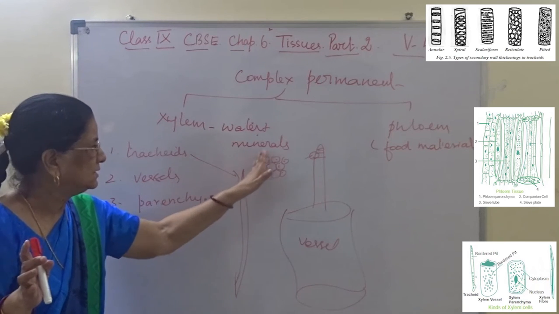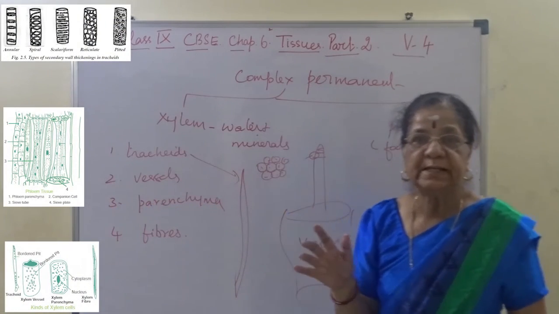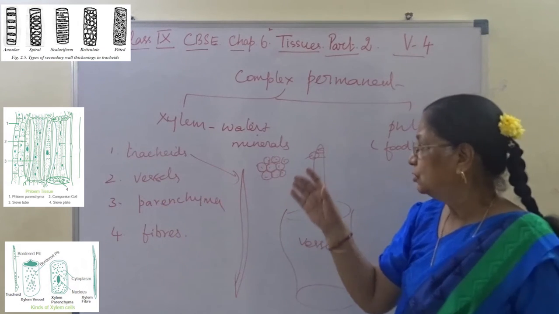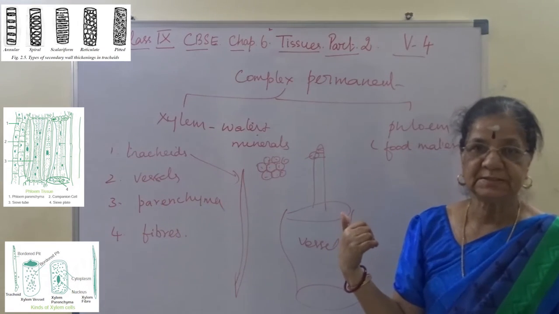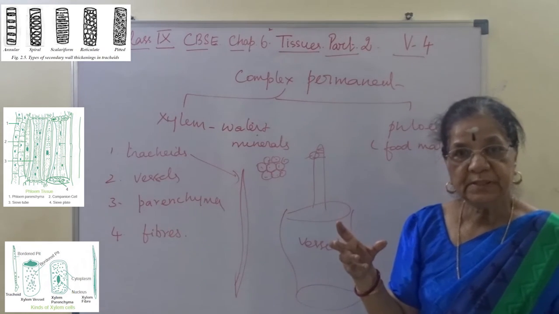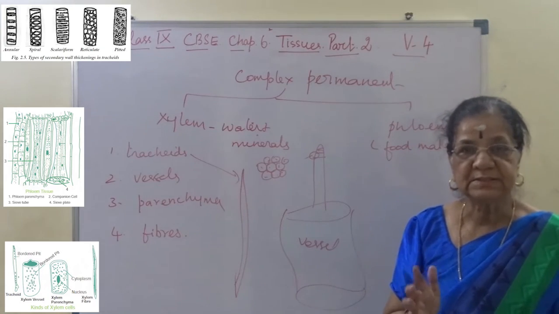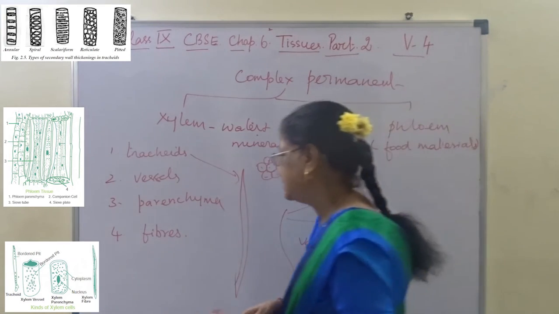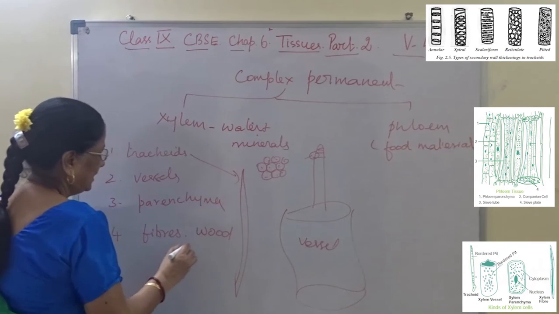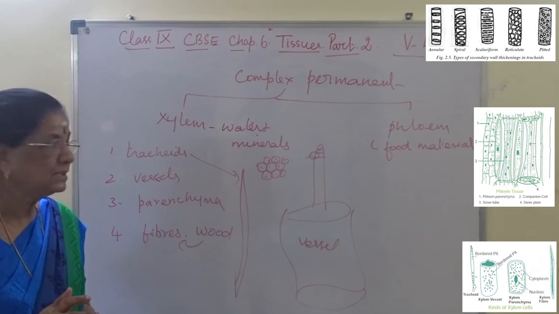So now I say these 9 cells, they are parenchyma tissue, xylem parenchyma tissue, that it gets differentiated into tracheids and vessels, right? And then later when this parenchyma becomes mature, it is called fibers, xylem fibers. Now this xylem fiber is called wood fiber. I hope you understand. Yeah?